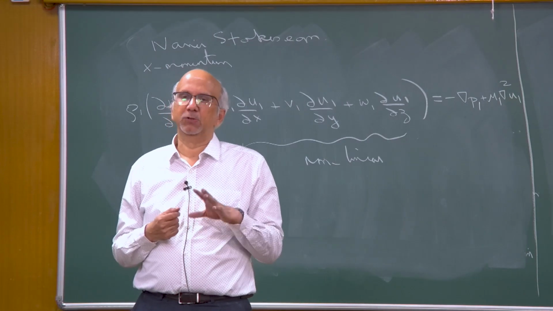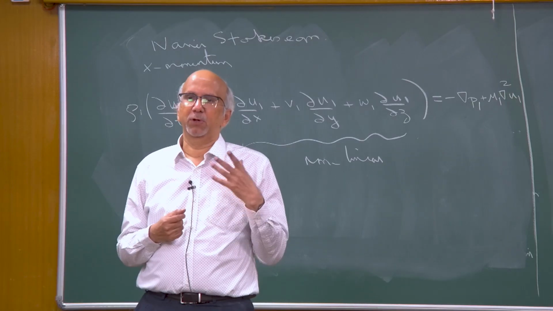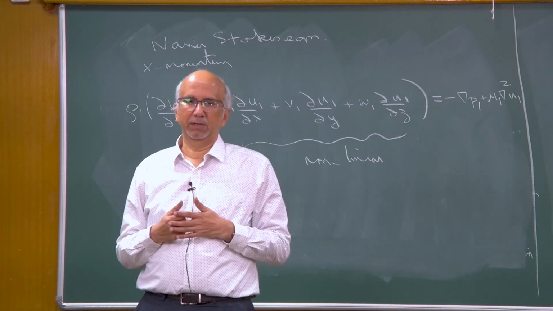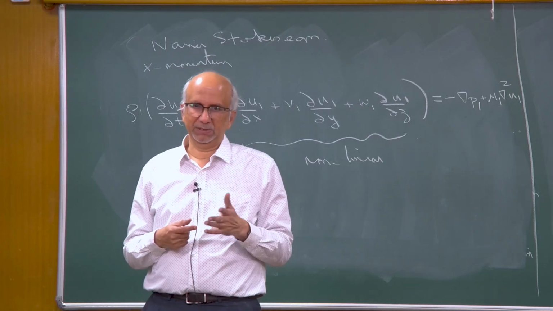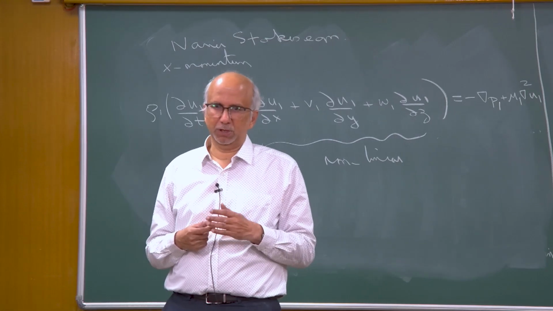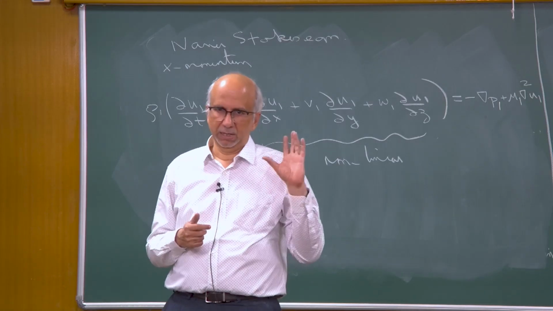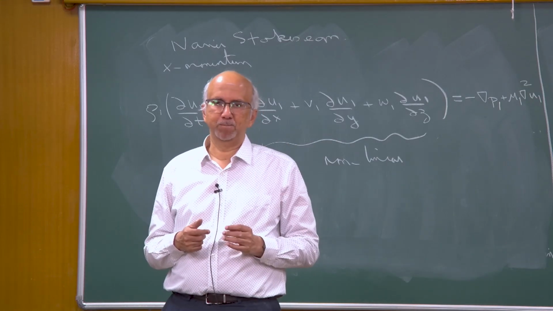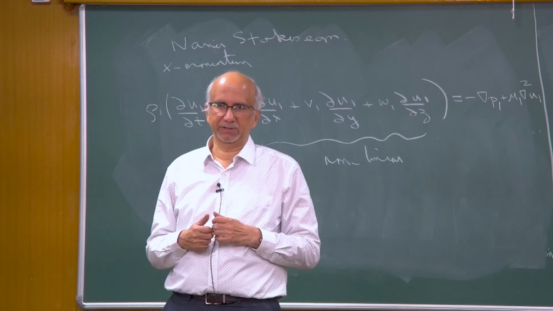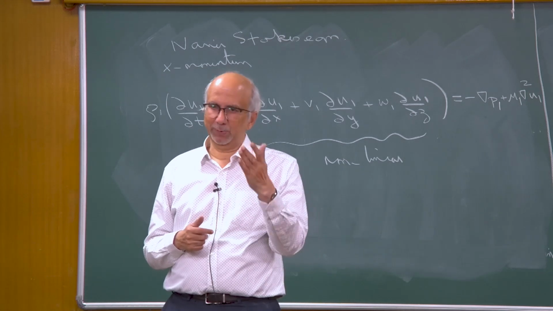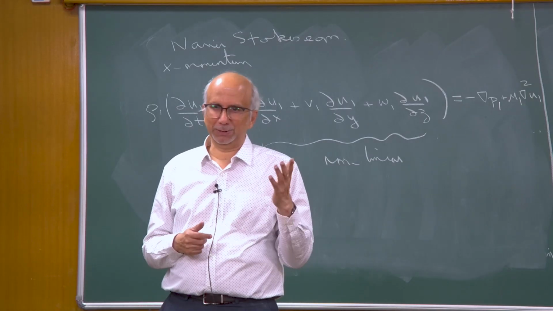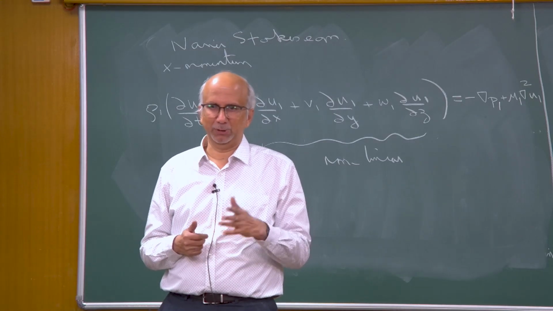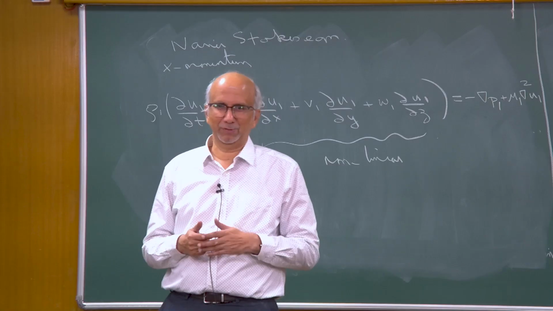Because these equations are non-linear, the solution is usually a challenge. The reason why Navier-Stokes equations are difficult to solve in realistic cases is because they are non-linear in nature. If equations are linear, because you did this math course last semester, you will all be experts in solving them: separation of variables, Green's functions, whatever it is.